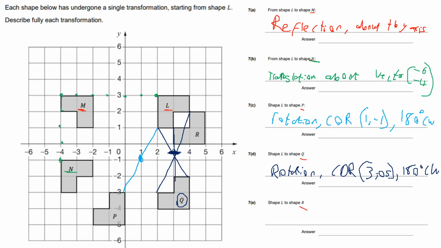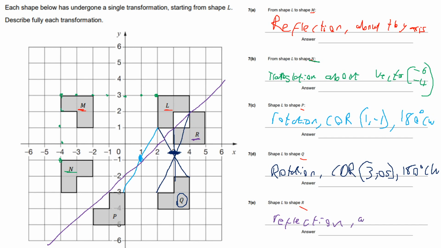Finally, L to R. R is right here. And we can see it's a reflection. And it's a reflection about this line here, isn't it? So all we need to do is find the equation of that line. Well, we know that the gradient is 1 because I'm going up by 1 and left by 1.